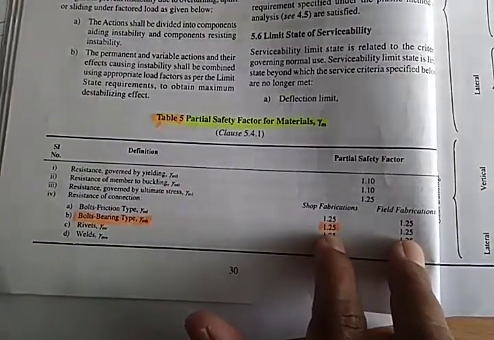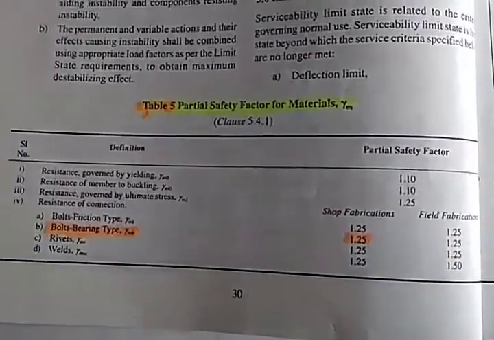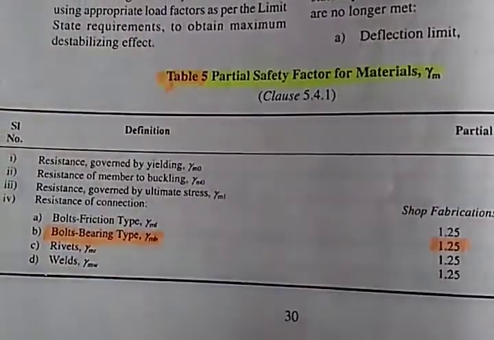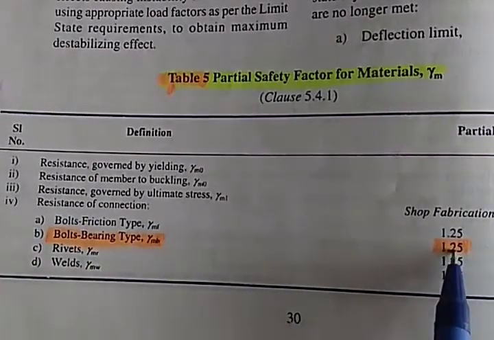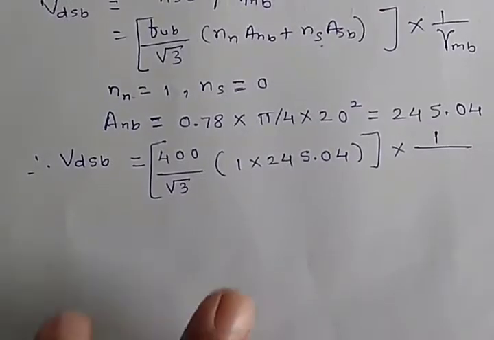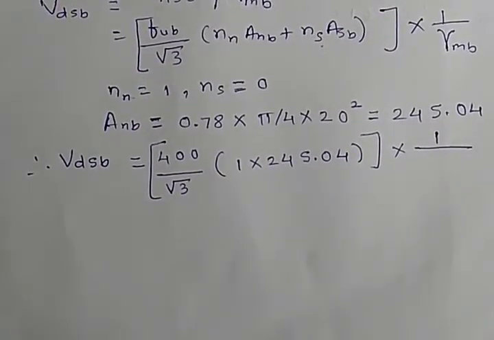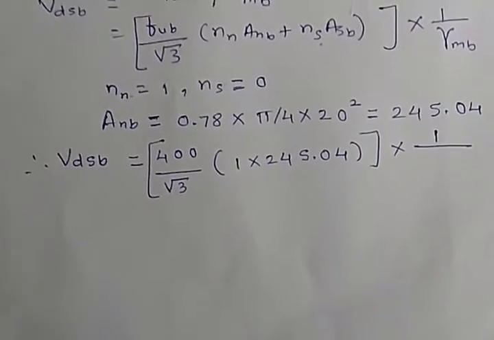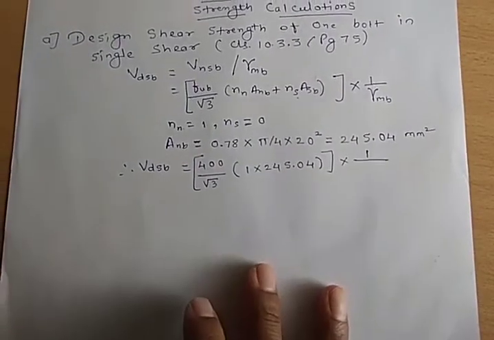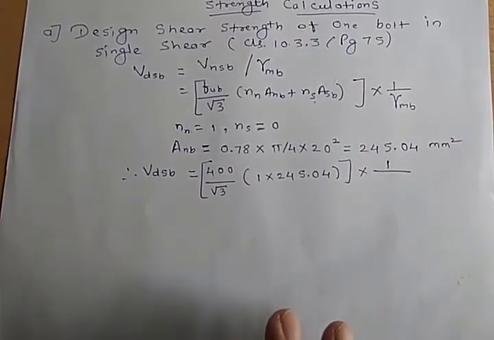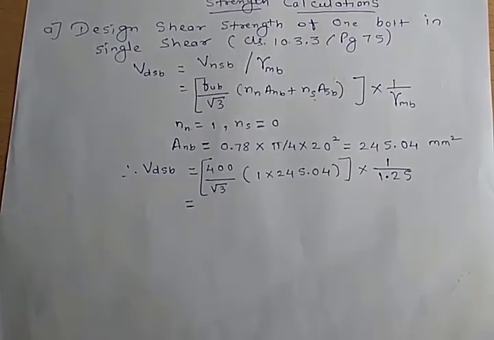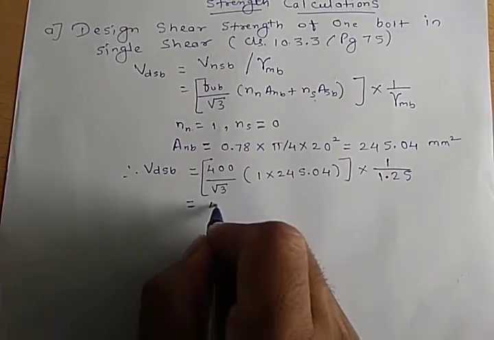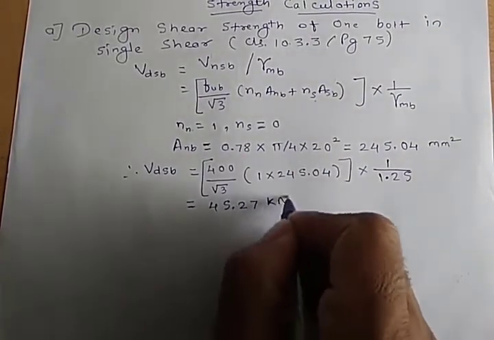We got it, and gamma MB equals 1.25. We put in the values, and if you solve, you will get VDSB equal to 45.27 kilonewton.